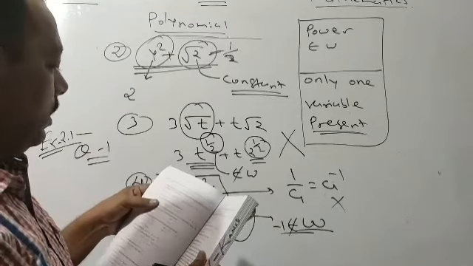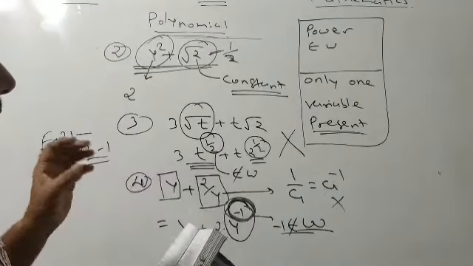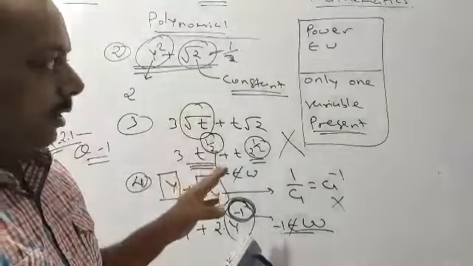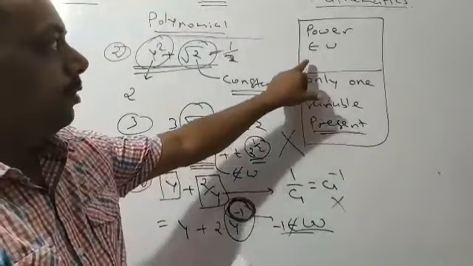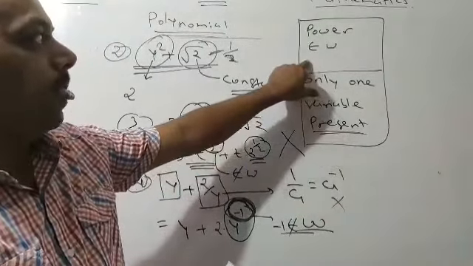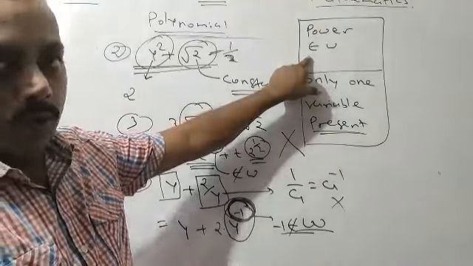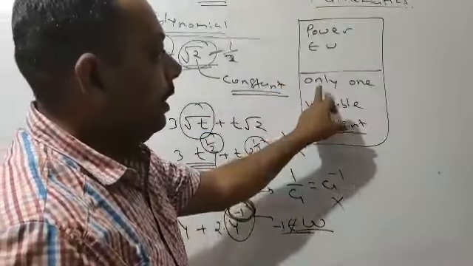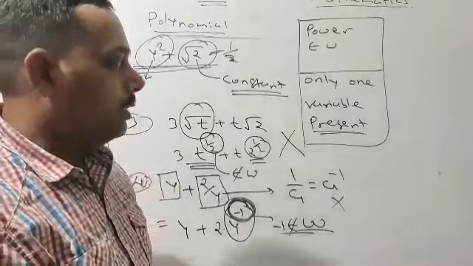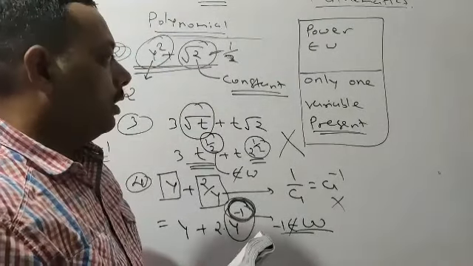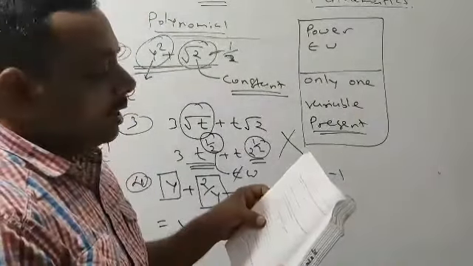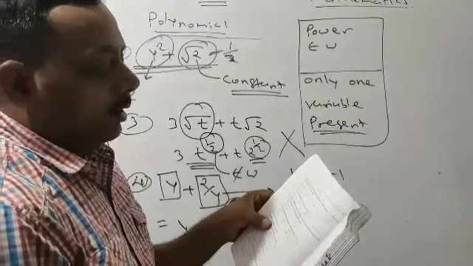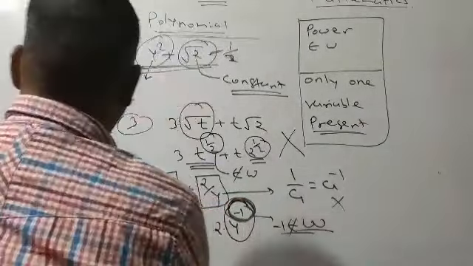So because this question requires only one variable polynomial, we observe these two things: first, the power belongs to whole numbers, and second, only one variable is used. As we have seen, in the fifth question there are three variables, x, y and t. Now question number 2.